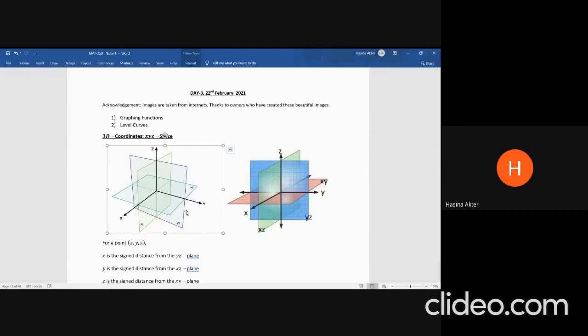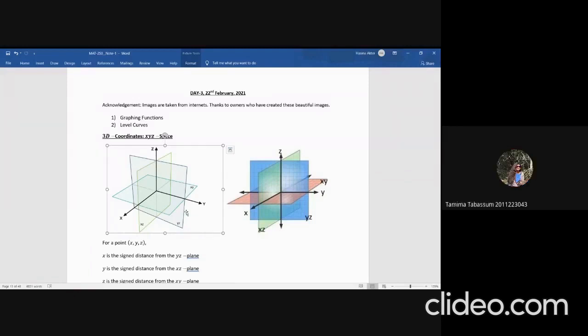And those 8 rooms are called octants. By rooms, we mean sectors created at the corner, which has 2 walls and either a floor or a ceiling. They don't have floor and ceiling both. Either it has a floor or it has a ceiling. It doesn't have both. Do you understand that?